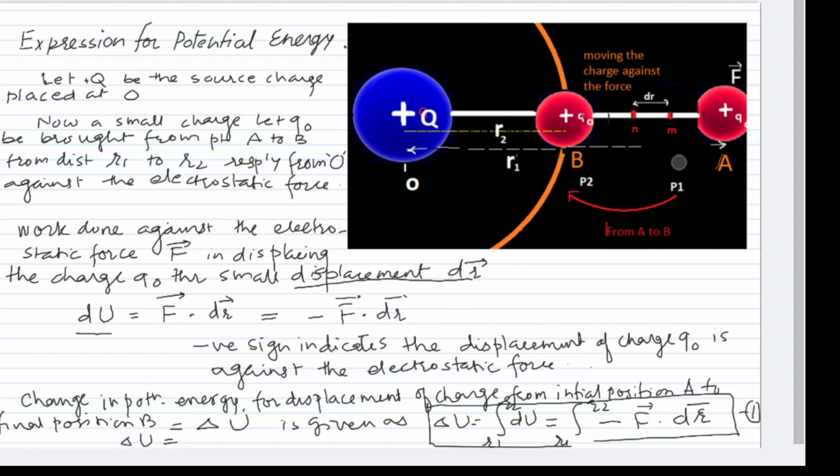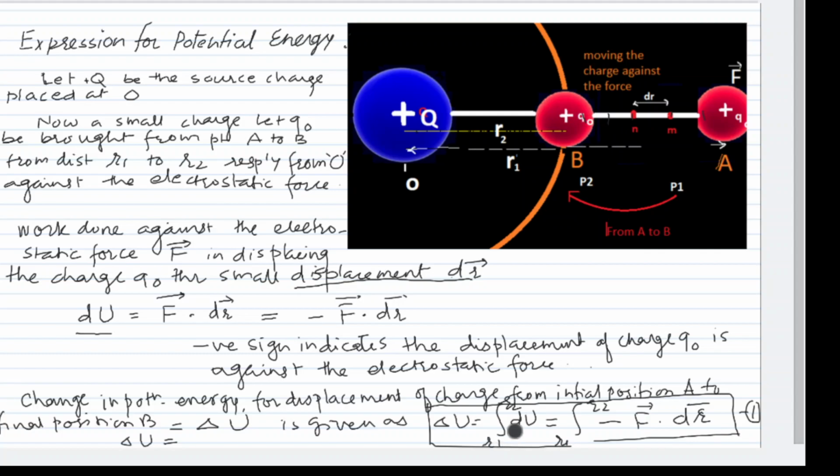The minus sign indicates that the displacement is against the electrostatic force, and so we got the equation dU is equal to minus F into dr. Now delta U is the change of potential energy of the system when the charge is displaced from A to B. Okay, so this is nothing but the integration of all dU, isn't it?